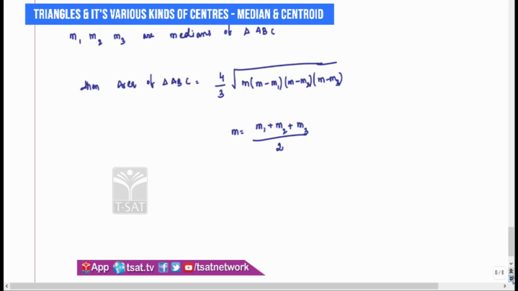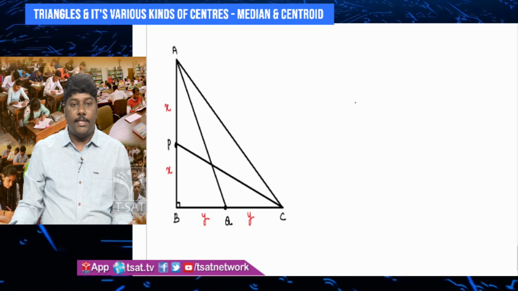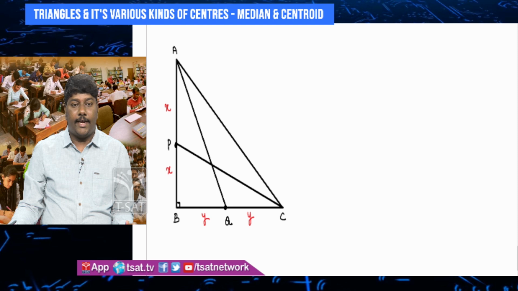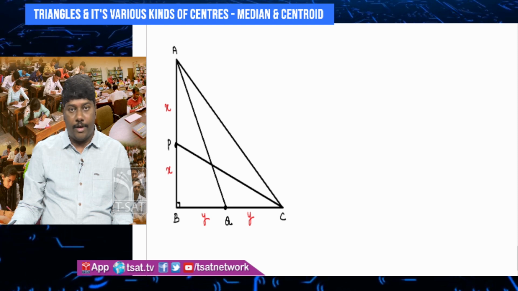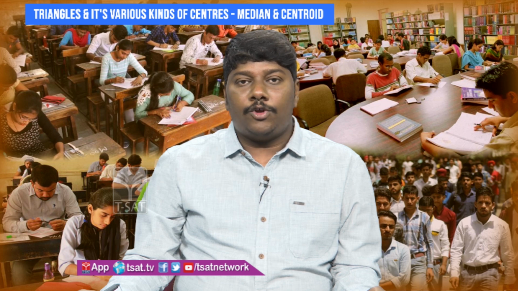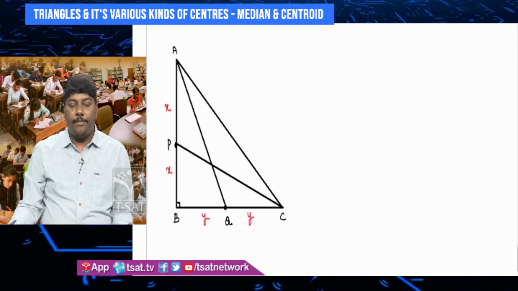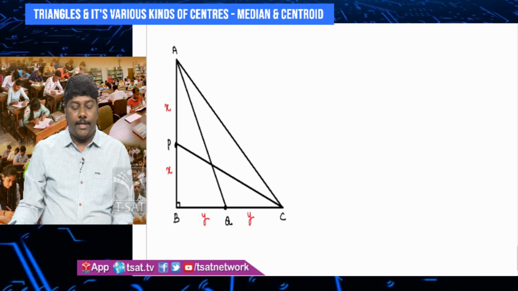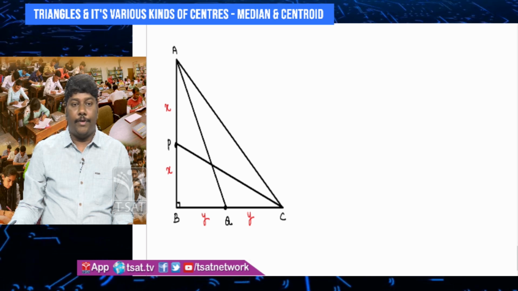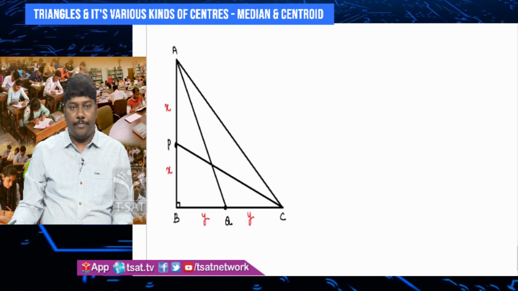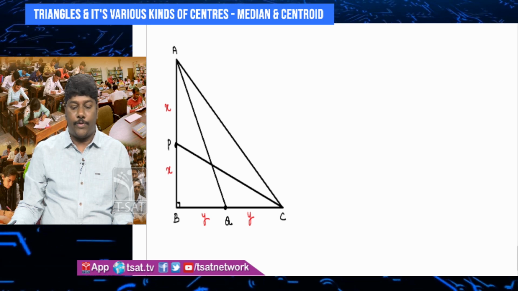Now let's consider medians in a right angle triangle. I am taking a right angle triangle ABC as shown in the figure, where the right angle is at B. Now AQ and PC are medians of this triangle. Medians intersect as shown in the figure, and P is the midpoint of AB, Q is the midpoint of BC. Now apply the Pythagoras rule in this triangle.